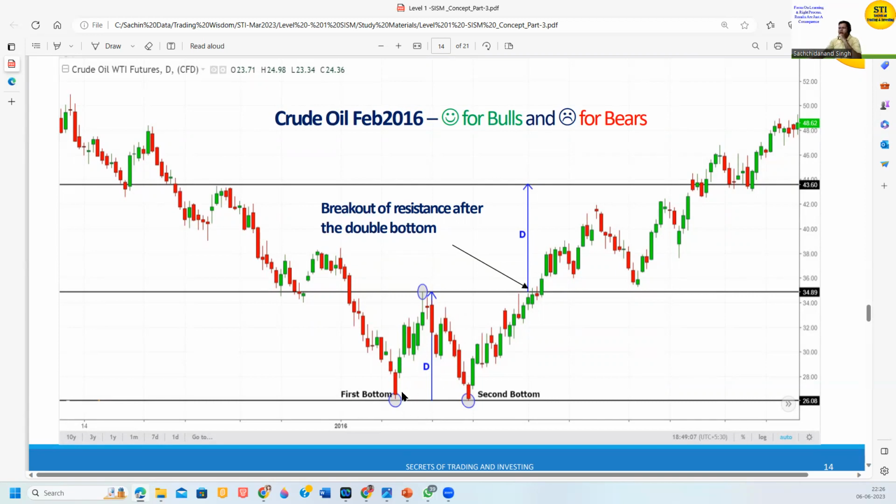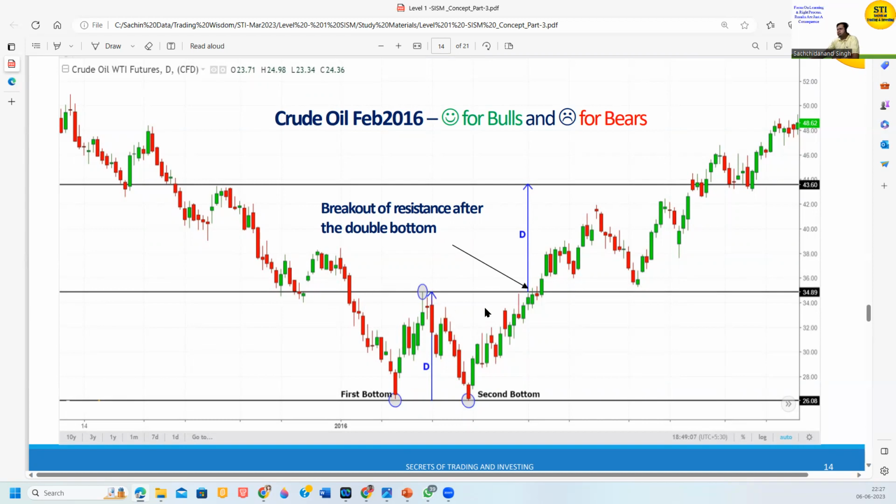So again, how to identify D? We draw a support line touching the two lowest points, and a resistance line, whatever resistance line we can see on the chart.